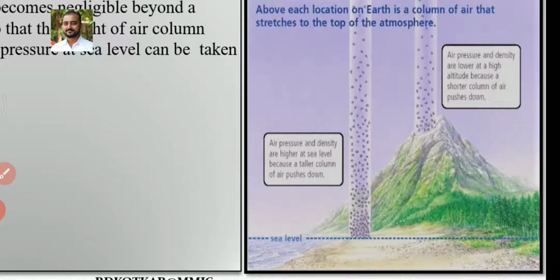At this mountain there are fewer air molecules, and as you move away from the earth's surface, at a higher altitude, the density of air molecules decreases. Our topic says that up to 8 kilometer the density is somewhat countable.